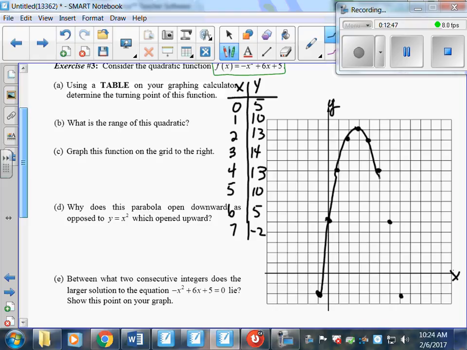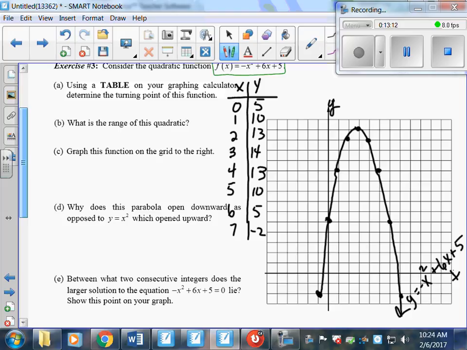Don't skip any of them. And there we go. And again, I always give it a label. Y equals -x squared plus 6x plus 5. Anytime we get graphing problems on a Regents exam, it's a bonus because we can use our calculators.